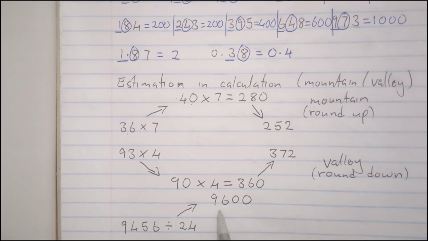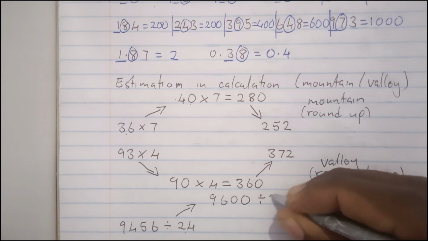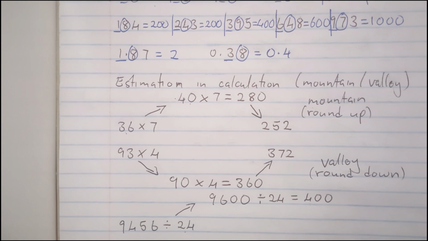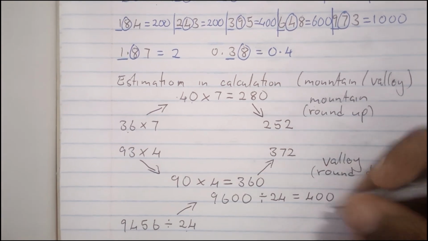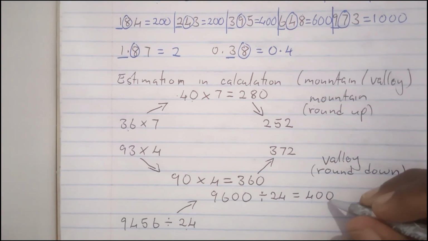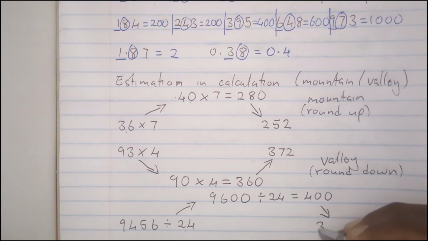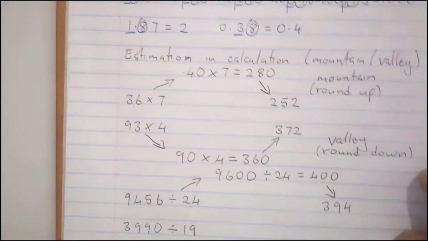Because I know that 96 is a multiple of 24. Therefore, 9,600 will definitely be a multiple of 24. 9,600 divided by 24 gives me an answer of 400. This number is smaller than this, so the answer will be less than 400. By calculation, our answer becomes 394. Again, our mountain.